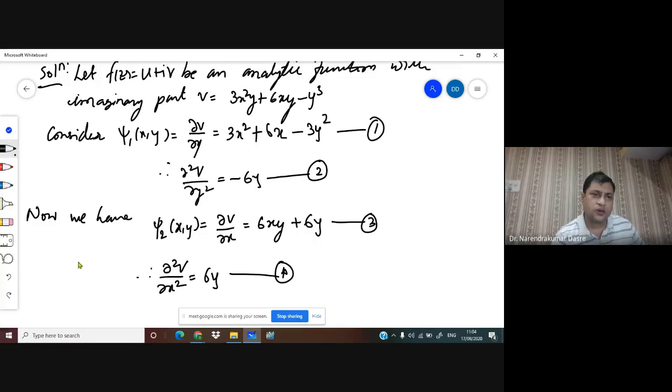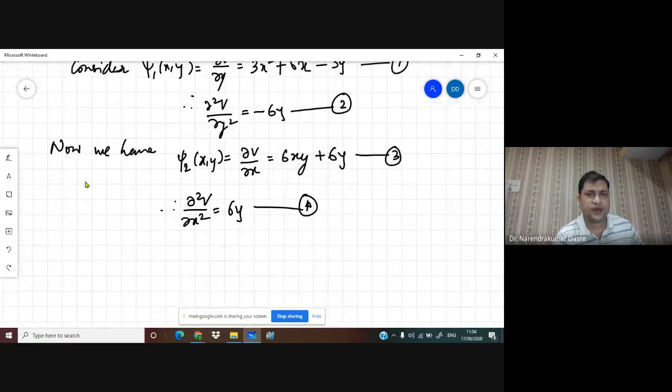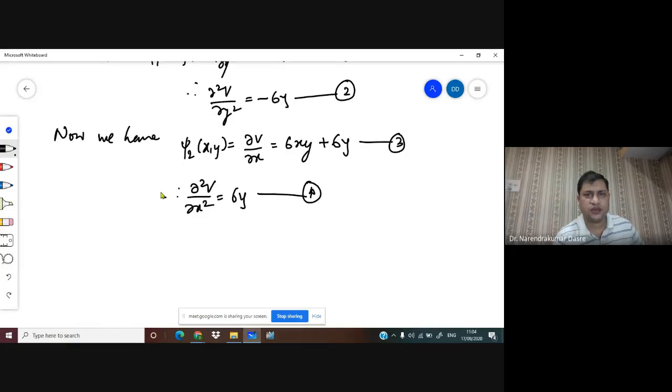Okay. Now, once we have the second order derivatives, to prove that this is a harmonic function, we have to add them.